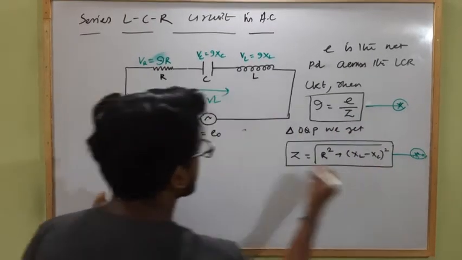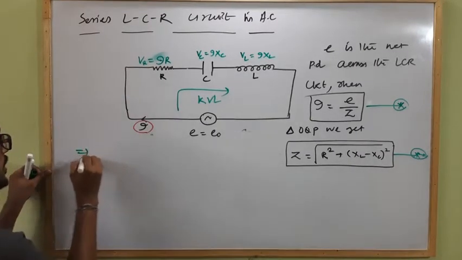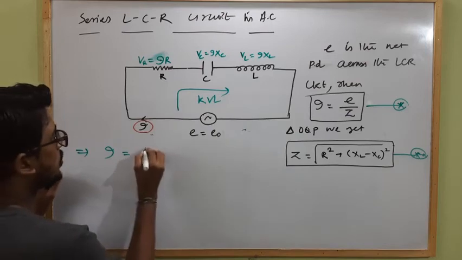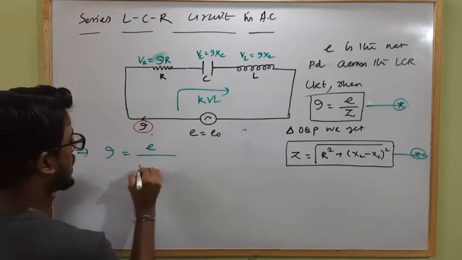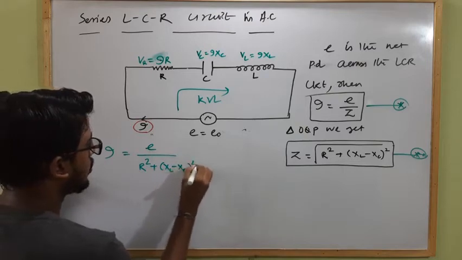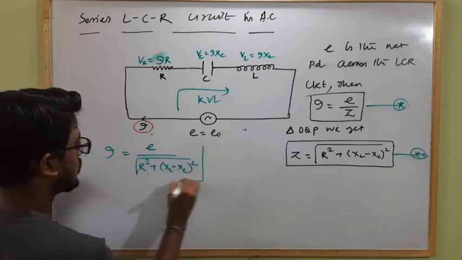This is Z. So you can write the current flowing through the LCR circuit I equals E divided by, in place of Z I can write, the square root of R square plus XL minus XC whole square.